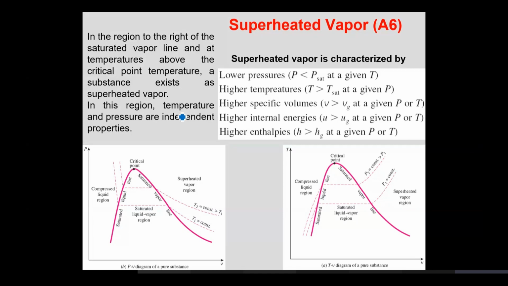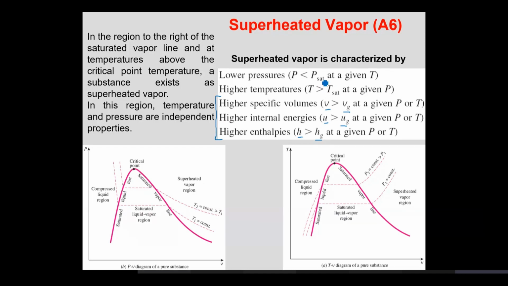The last three are the simple ones, so let's start with the last three. If your specific volume is greater than that of saturated vapor, if your internal energy is greater than that of saturated vapor, or if your enthalpy is greater than that of saturated vapor, any one of them, at a given pressure or temperature, you are in the superheated vapor region. Is this point clear to you? Yes, sir.